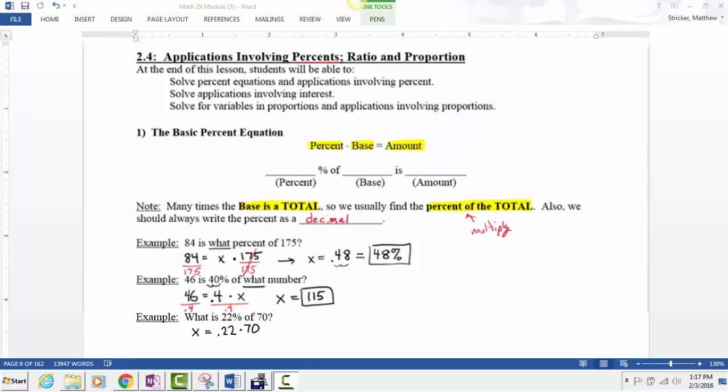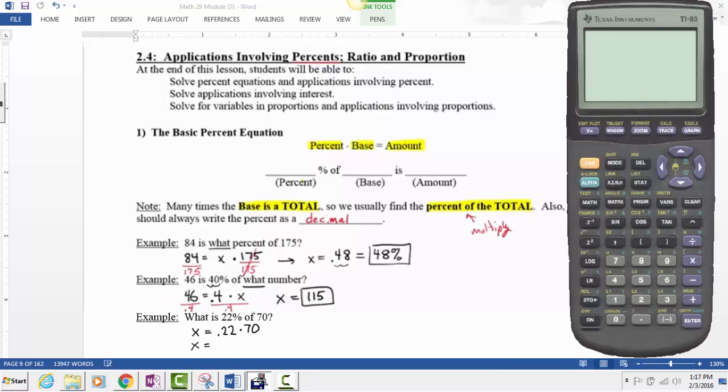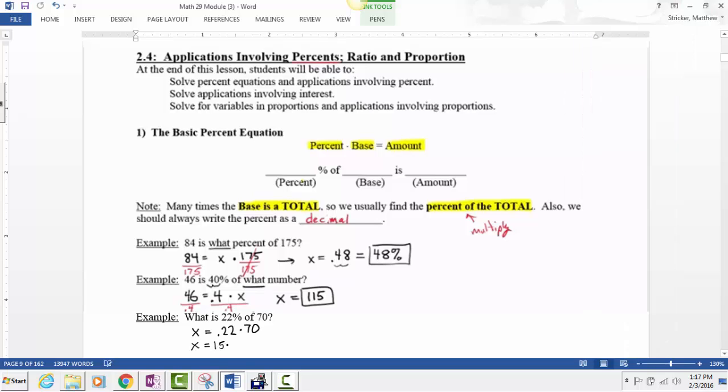So we can go ahead and enter this right into our calculator and do the calculation. Just type in 0.22 times 70. And when we do that, we get 15.4. Okay, so that's that one.